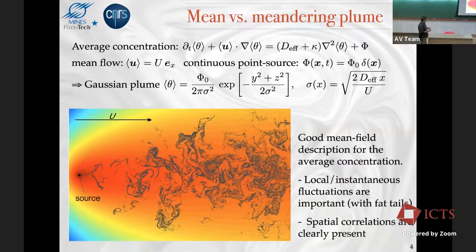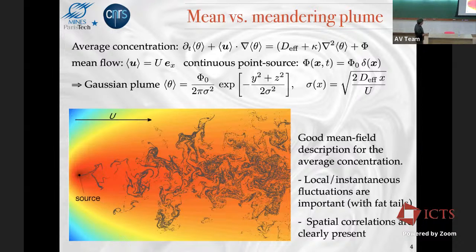Okay, so now let's assume that the mean flow is just a given constant velocity in the direction x, and that the input of scalar is just a point source, a continuous point source.